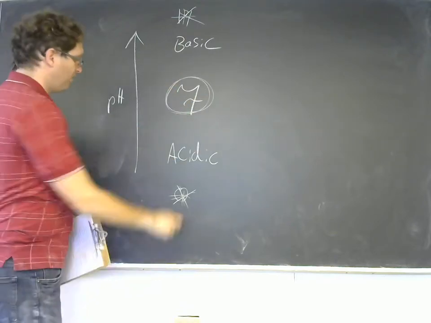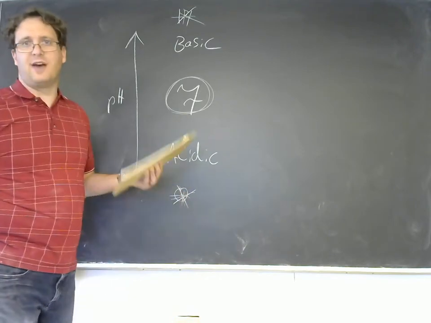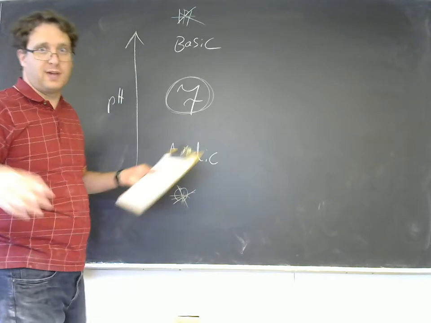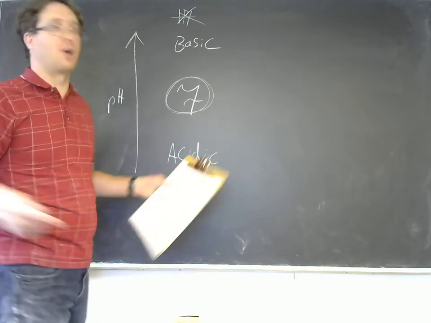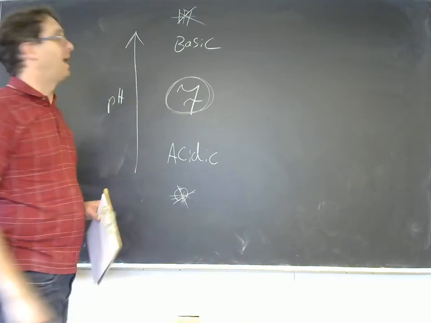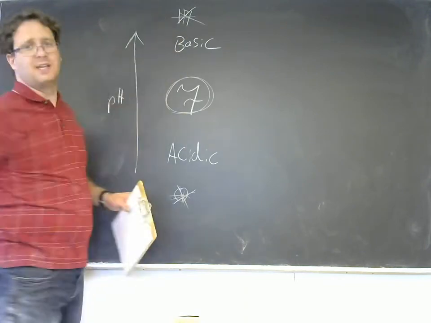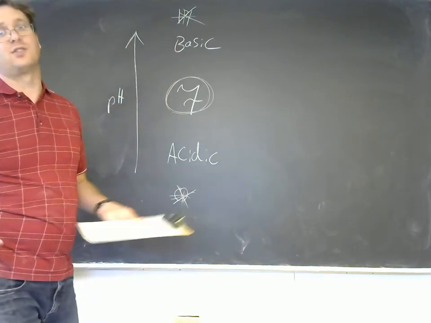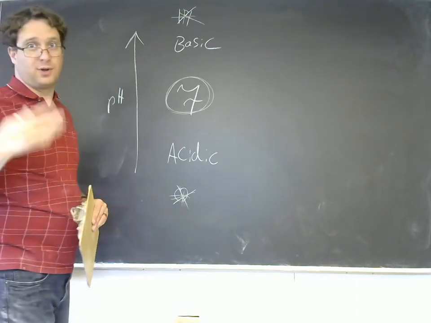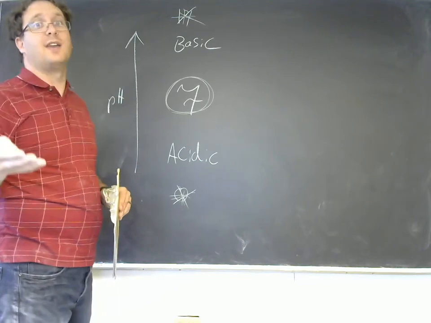And a pH of 0 just means you have an H3O plus concentration of 1 molar. Well, what if you have a concentration of 2 molar? Well, now we've entered the negative territory. And 14 means that you have an OH minus concentration of 1 molar, and an H3O plus concentration of 10 to the negative 14th molar.